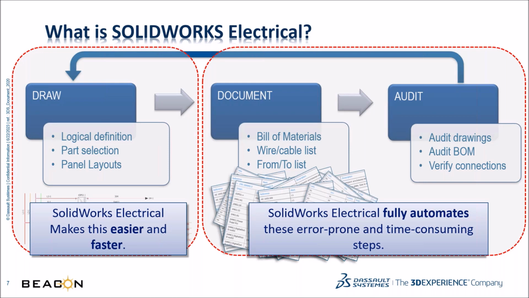Because the drawing and documentation phase are fully connected and error-proof, the audit stage is totally neglected here. You don't need to put extra effort and time into the audit phase. So SolidWorks Electrical is fully automated and removes those error-prone and time-consuming steps.